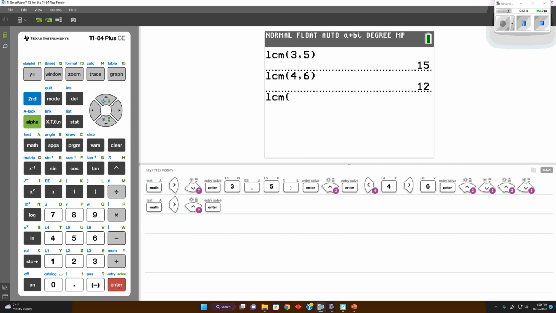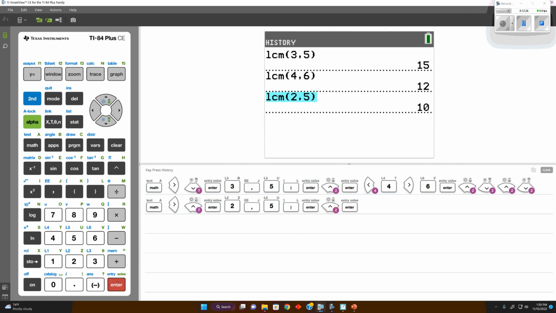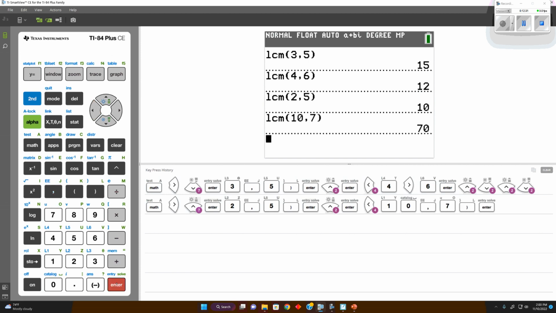So it doesn't like that, but say I do 2 and 5. What's the least common multiple between 2 and 5? Okay. So now we can come up and do it again and say 10, comma 7.